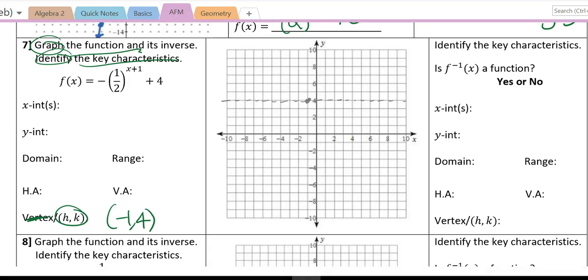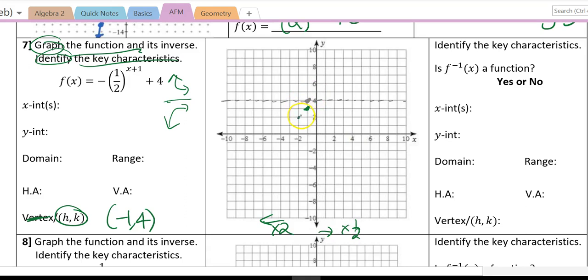And our a value is -1, so we go down 1. This is a decay, so decay usually looks like this. We're going to reflect it, so it's going to be up to the right. And we're going to go to the left, so multiplying by 2. If we went to the right, we'd have to multiply by 1/2.